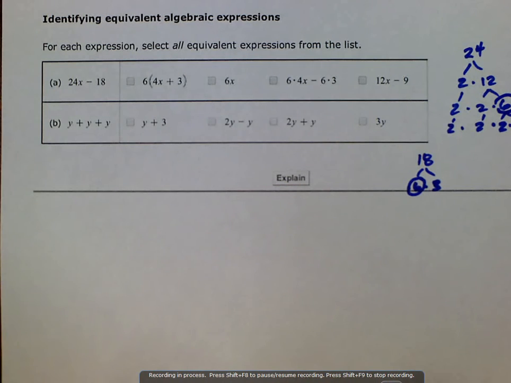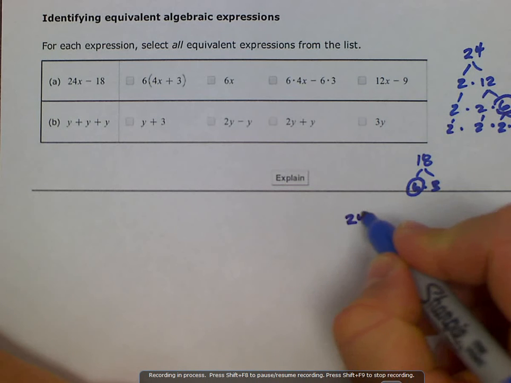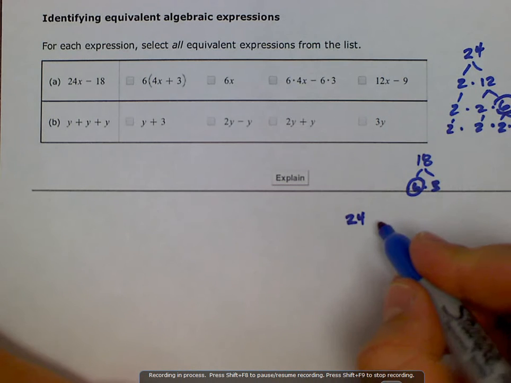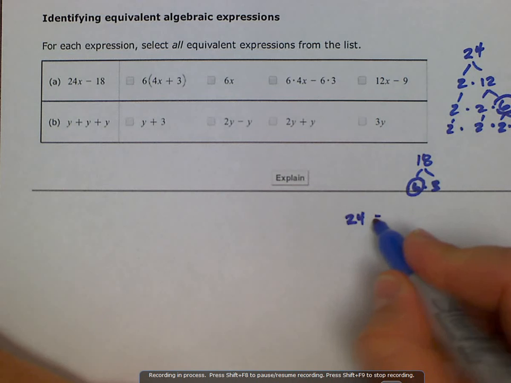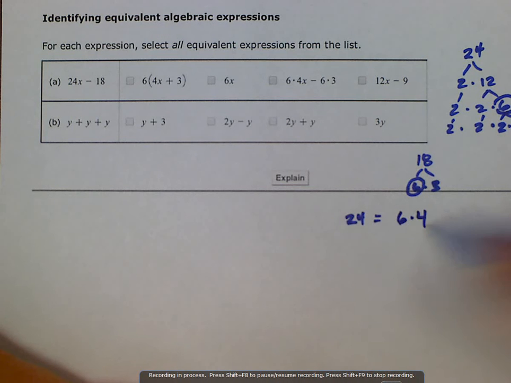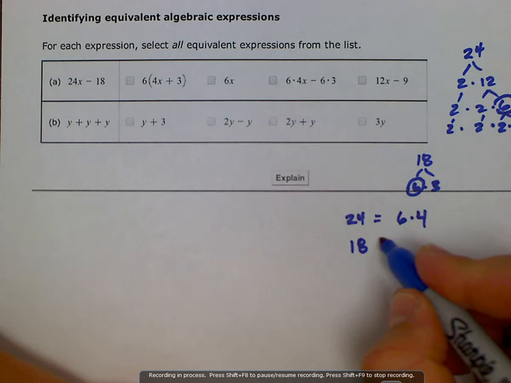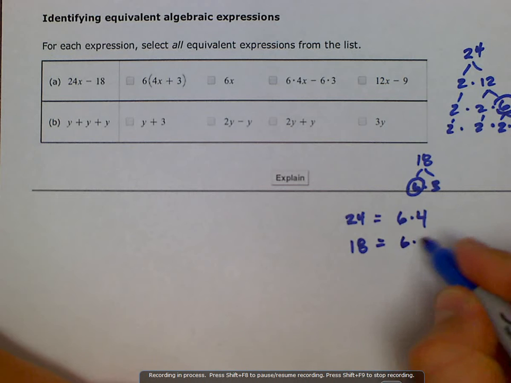And what I mean by factoring is that 24 is the same thing as, we could rewrite 24, an equivalent expression. 24 is 6 times 4. Well, an equivalent expression of 18 in terms of 6 is 6 times 3. These are equal.